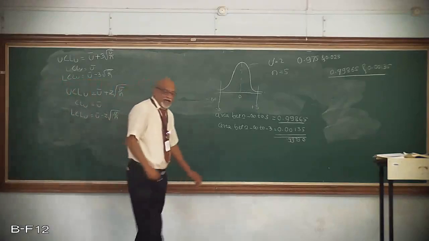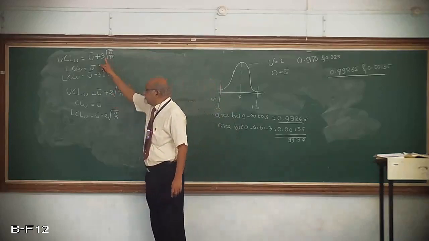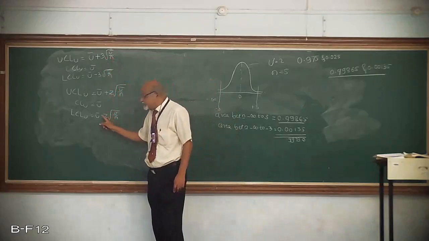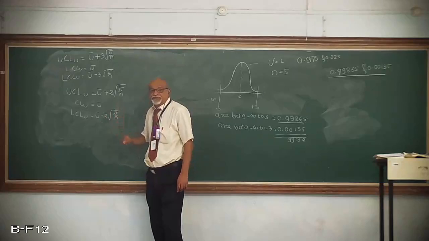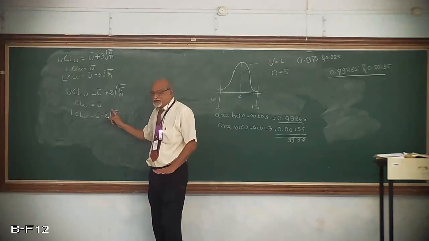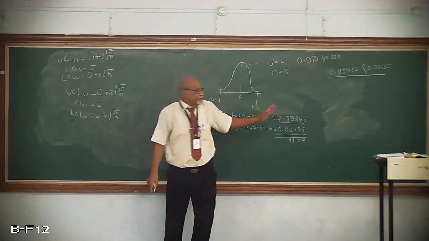I say 3 sigma control limit when Z is equal to 3, plus 3 here, and in this case it is minus Z, so Z value is 3 and it will take minus 3, because that is what I explained over here.